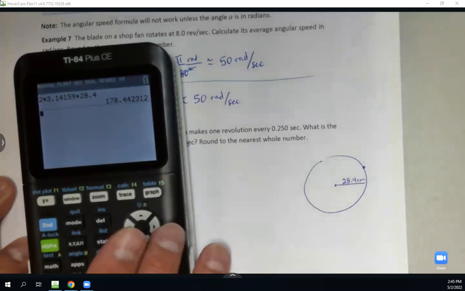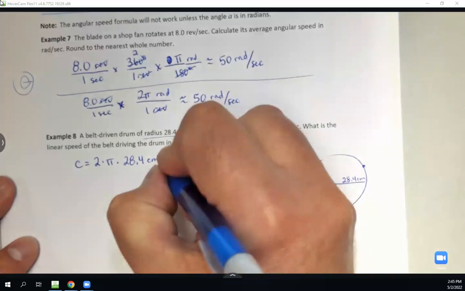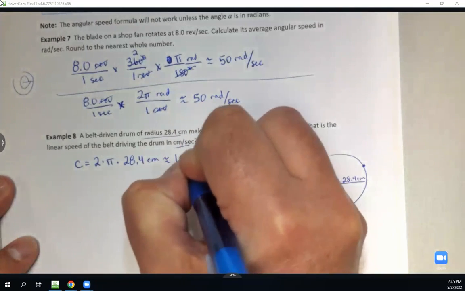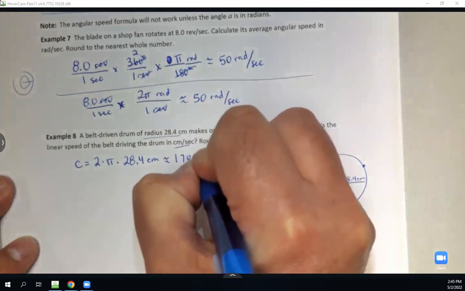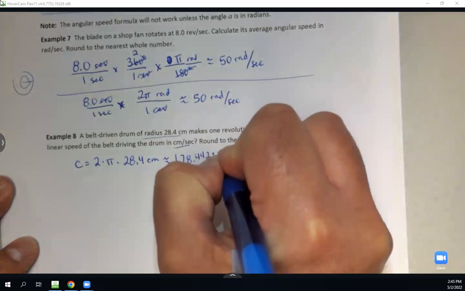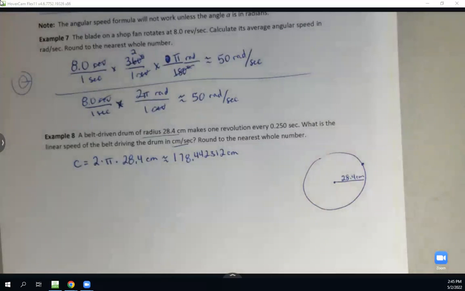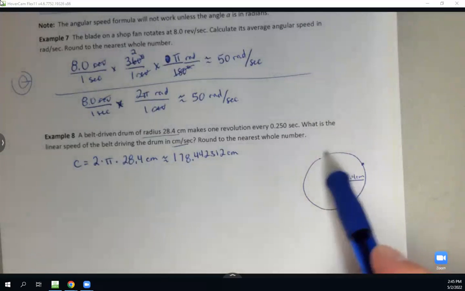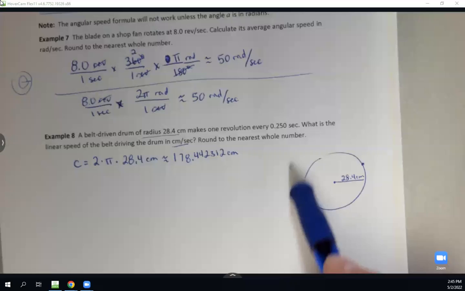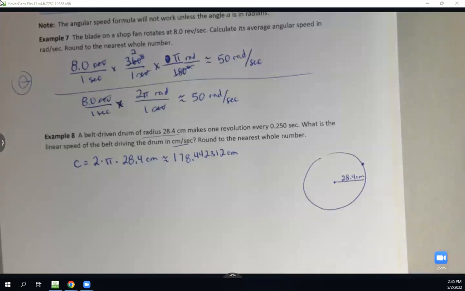And I'm going to carry that decimal out for right now. And the significance of that is that's how far it's traveling linearly every time it makes a revolution. Does that make sense?